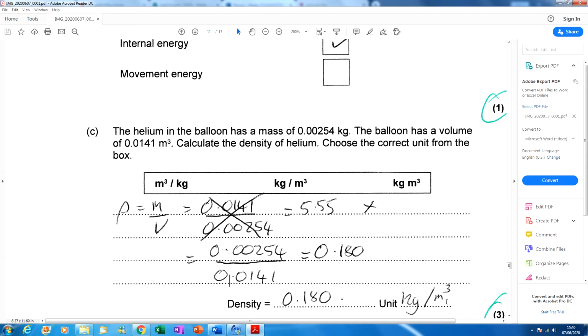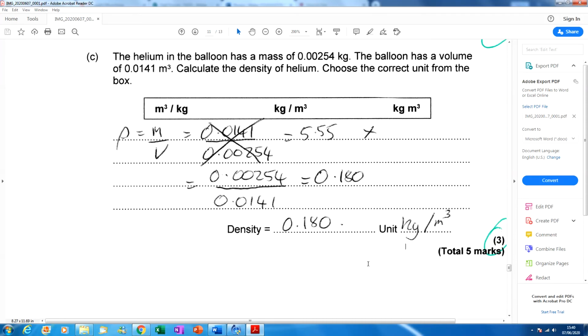And remember, you would say that as a scientist, kilograms per meters cubed. You have divided mass by volume, so the unit ends up being the unit of mass divided by the unit of volume. 2 marks for doing the substitution and getting the right answer, and 1 mark for getting the unit right.